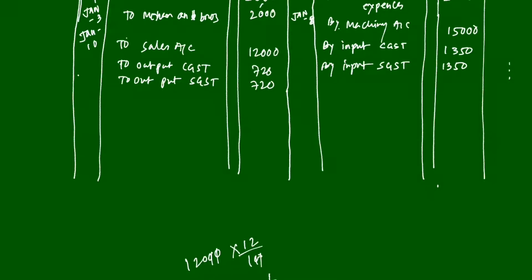Here it is written, purchase goods from Parag Traders on credit. What is the value? 6,000. What is the GST value? Percent is 12%.